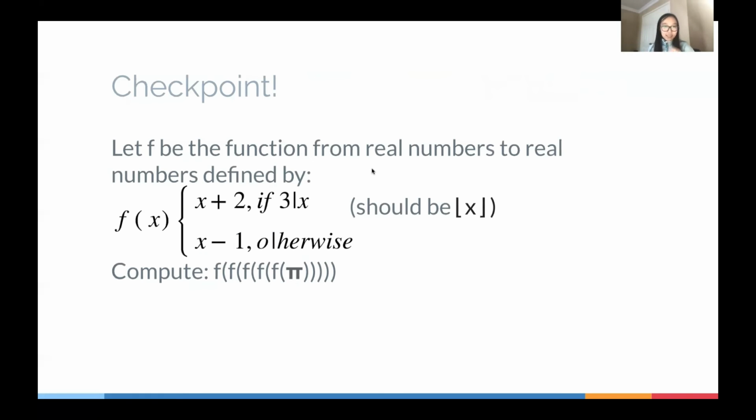So for this one, I think I can go over this one with you guys. Let me annotate again because I wrote this wrong. So you can ignore this. This is otherwise.